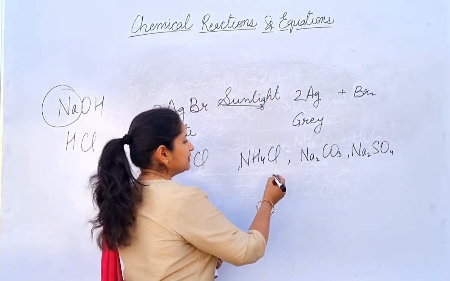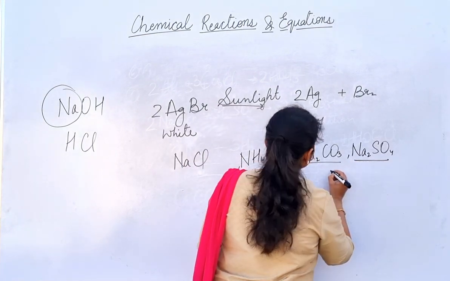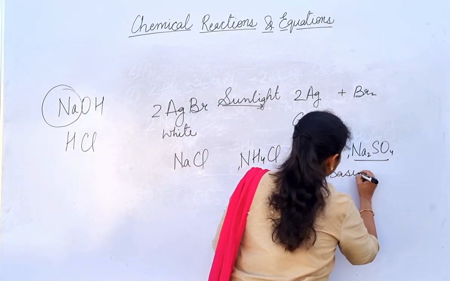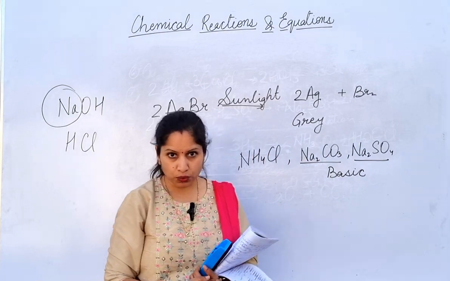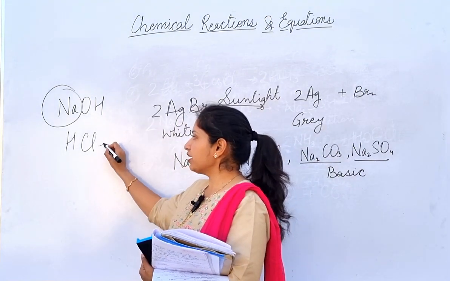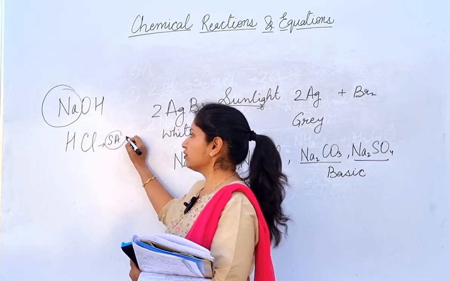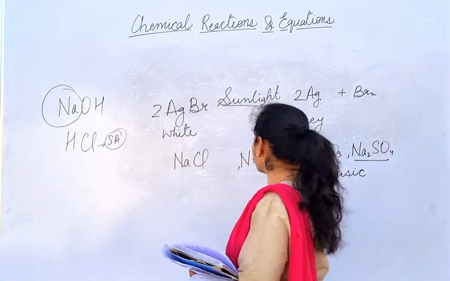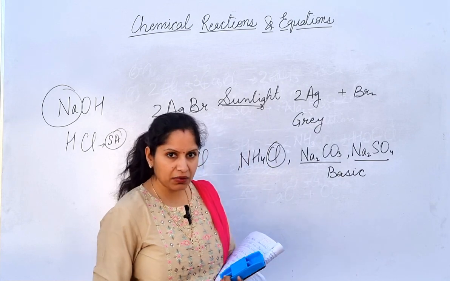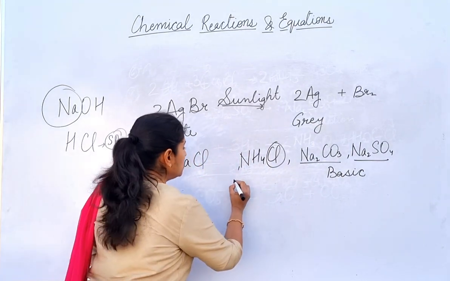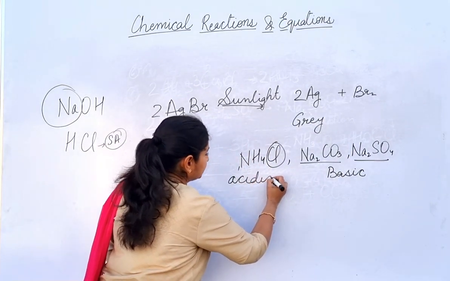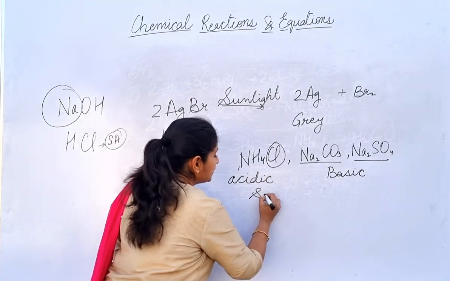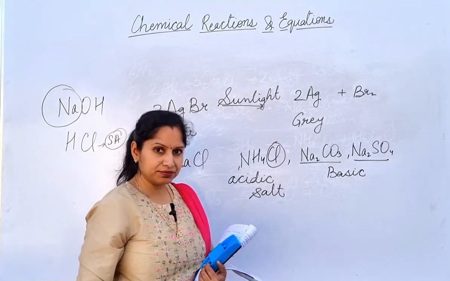And HCl is a very strong acid. So if a salt is containing chloride, that means it is going to be an acidic salt.